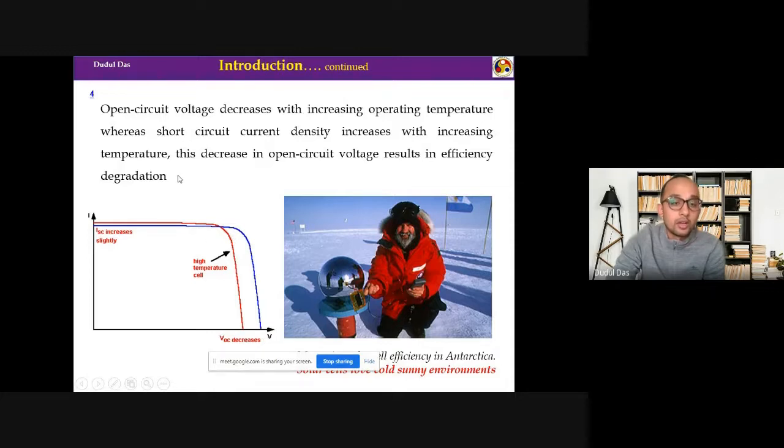When we calculate the power output, we use the formula fill factor into ISC into VOC, divided by VMIM. So from there we can feel how significant this decrease in VOC will be.